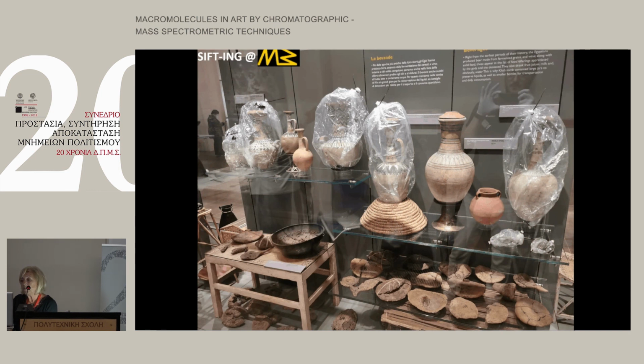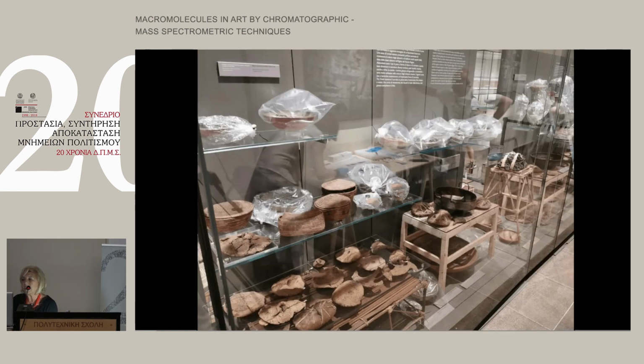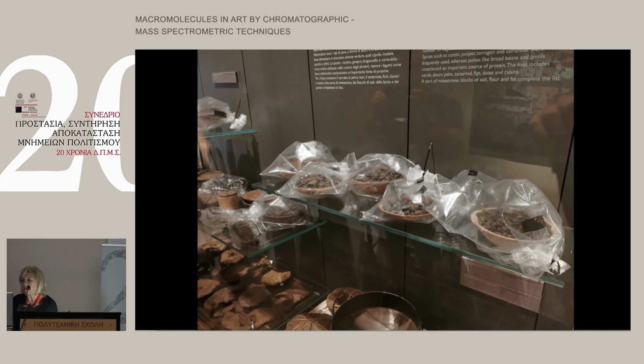And we have put envelopes on the materials that we wanted to analyze. So we left for some days under exhibition our envelope, the amphora, and so on. And you can see here again.